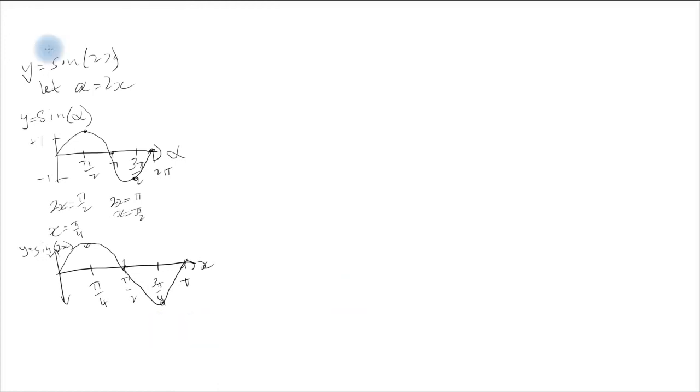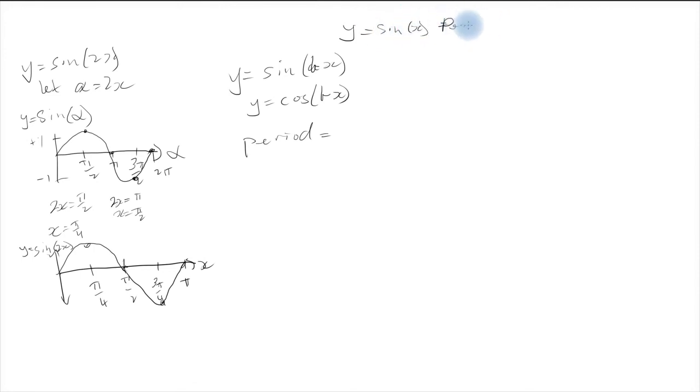So we can say if we have y equals sine of a times x, or if we had y equals cos, let's make this a b actually, we've used a already, let's make it b of x, then our period, instead of just being our original period, if we had just y equals sine of x, for instance, the period is 2 pi, but now with this factor of b, our period is 2 pi divided by that b.